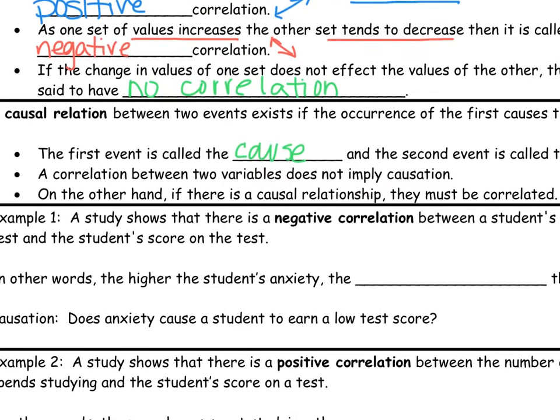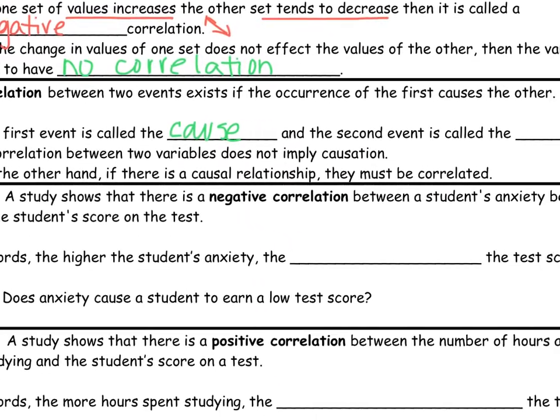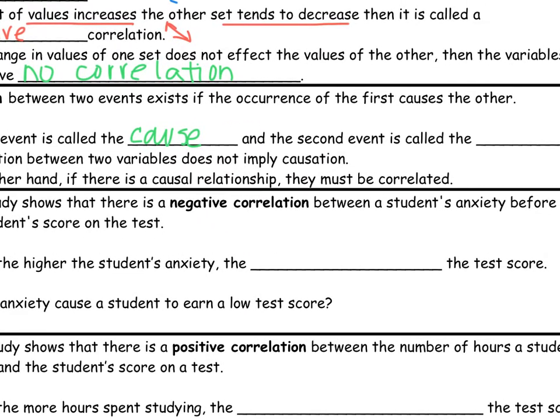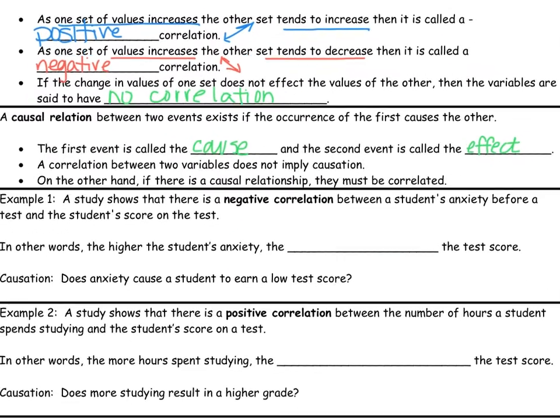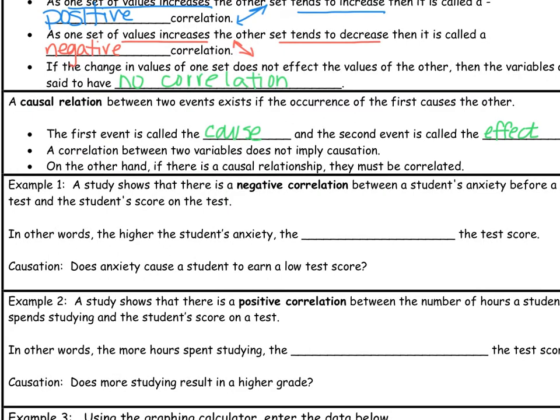And what that event does to the second event is called the effect. So a correlation between two variables does not imply that one variable caused the other. On the other hand, if there's a causal relationship, then they have to be related. They have to be correlated. And we'll talk more about that in class tomorrow.